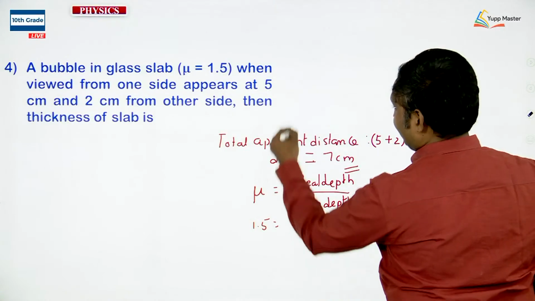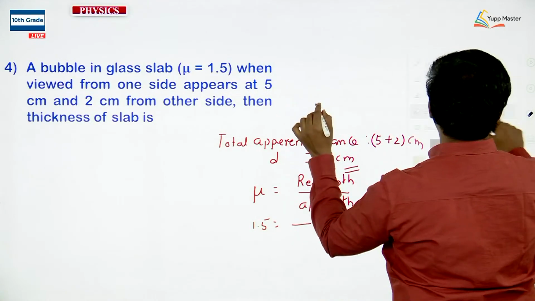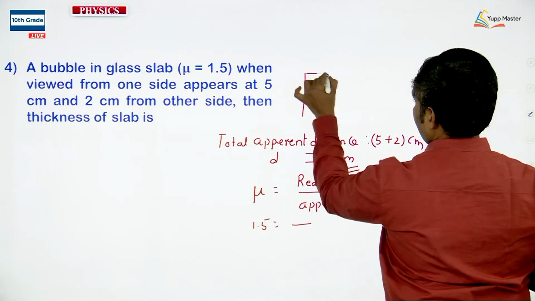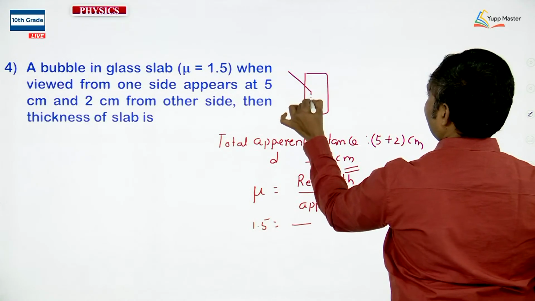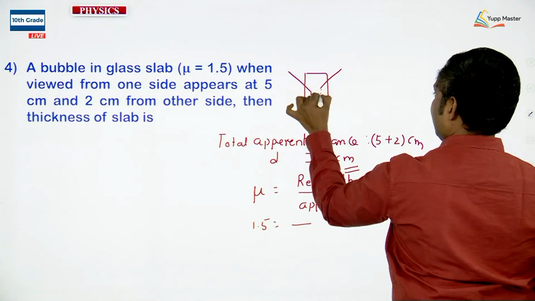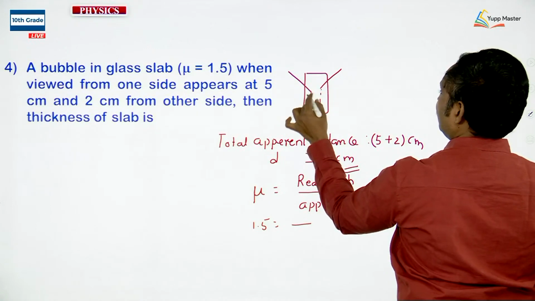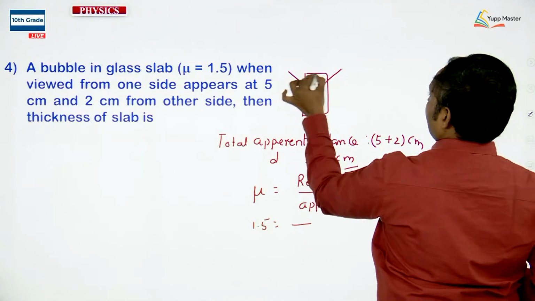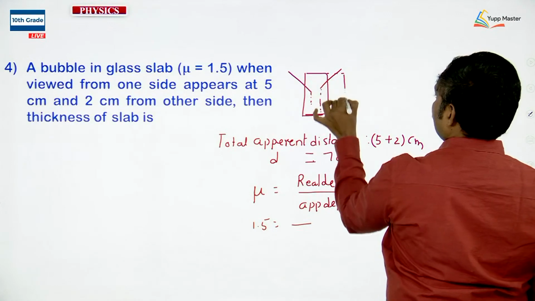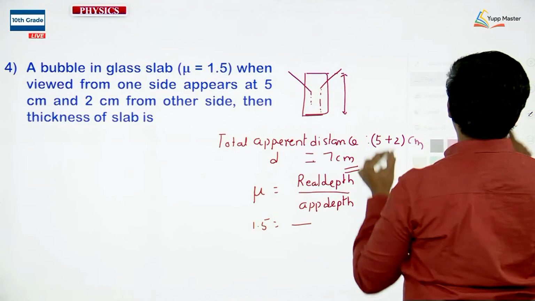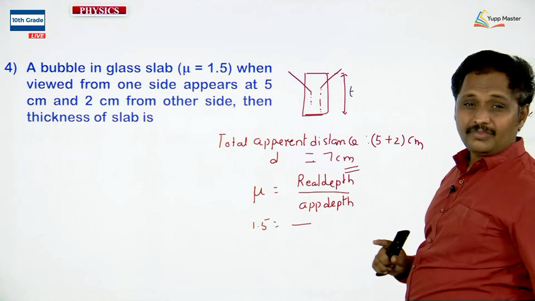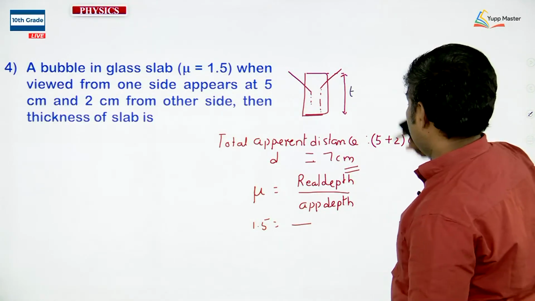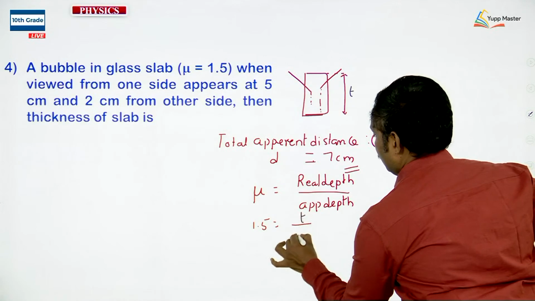We don't know the thickness; the thickness is the actual distance. This is the glass, viewed from one side and from the other side. Let us assume T is the real depth, and 7 is the total apparent distance.